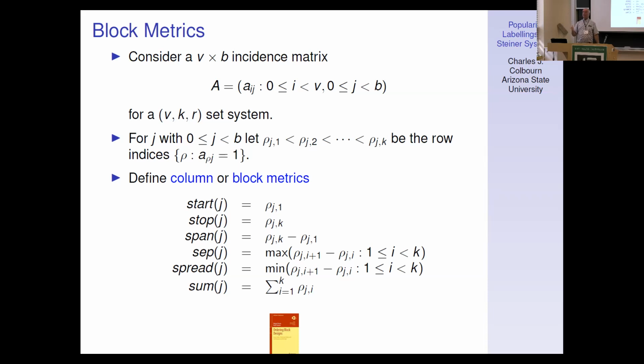Well, I haven't said average here, I've said sum instead, but of course, because we're talking about k things in each block, whether I talk about average or sum is not really going to matter. Now, this tiny little picture at the bottom that you can probably barely see is a picture of a book by Dewar and Stevens called Ordering Block Designs.